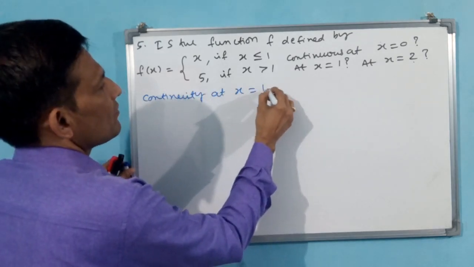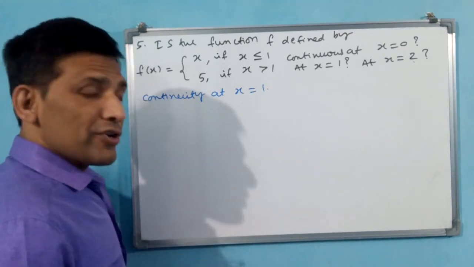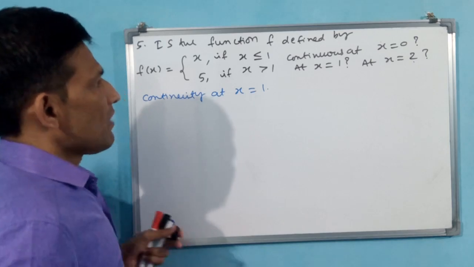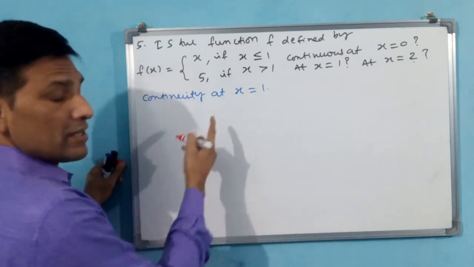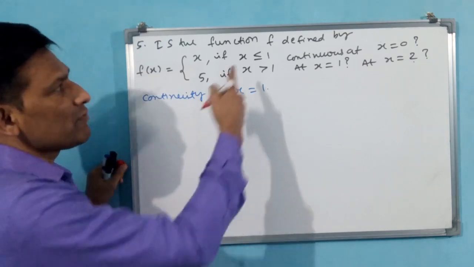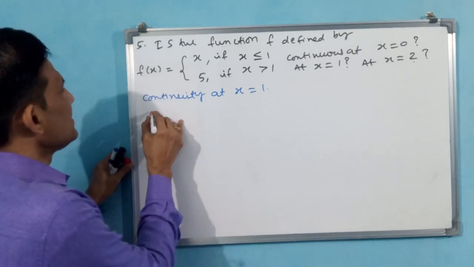Now you see, we are checking continuity at x is equal to 1. What we are going to do? Apply limit at 1. First you apply limit at 1. 1 means equal to 1. This may be here or here, but you simply apply limit at 1.